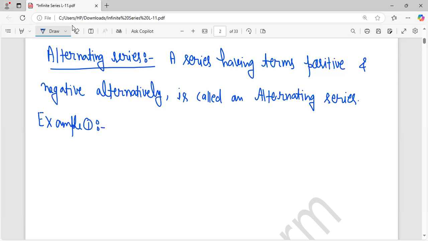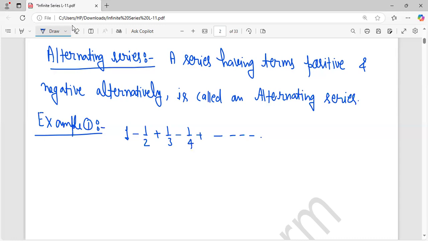I am taking this: 1 minus 1 upon 2 plus 1 upon 3 minus 1 upon 4, and this is going like this. So how can we write this series? This is alternating. First term is positive, second term is negative, third term is positive, fourth term is negative.